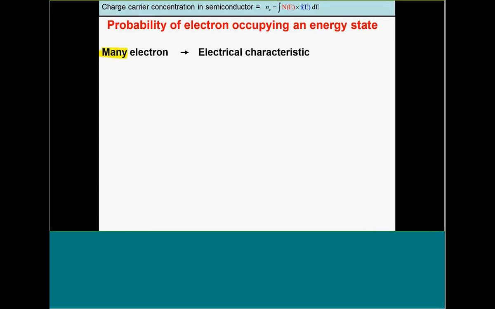So the behavior of the electrons, we should approximate it by what? We should use statistical laws to average out the electrical characteristic of many electrons.